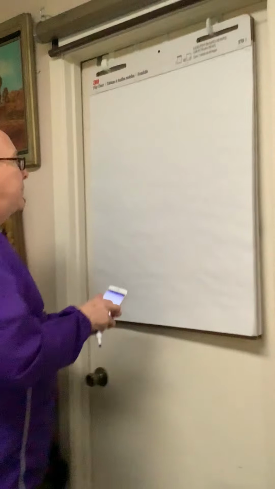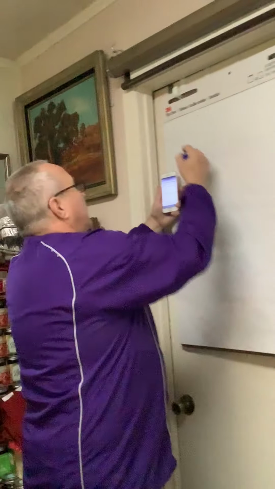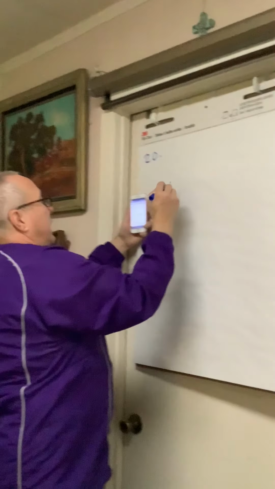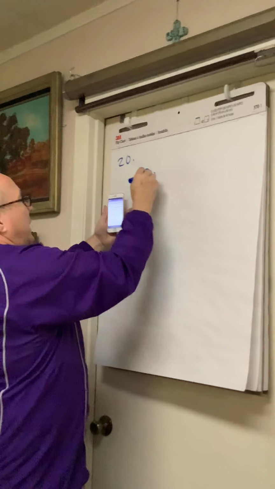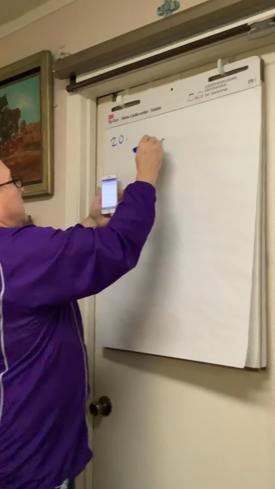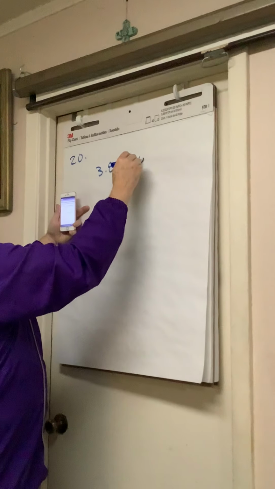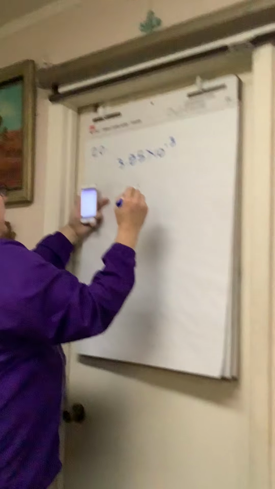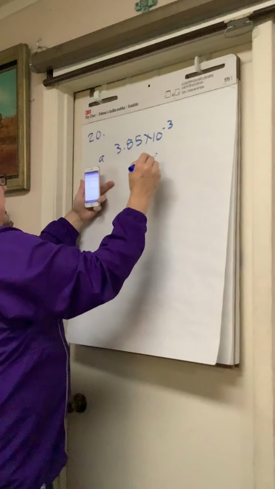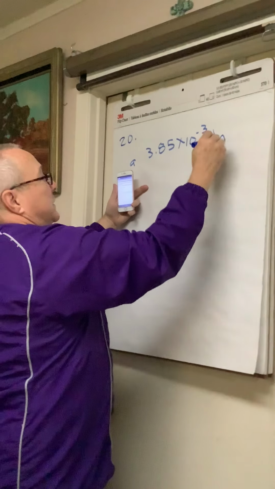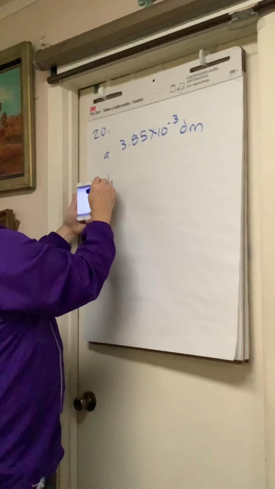So I've got 3 problems within question 20, and they're not asking you for anything except how many significant figures. One of them, A, is 3.85 times 10 to the minus 3 decimeters, not a very common unit.